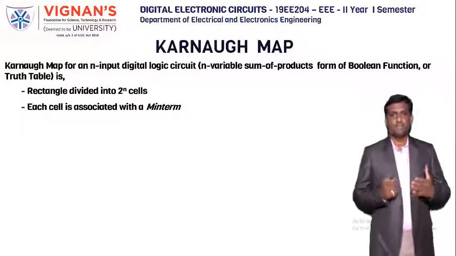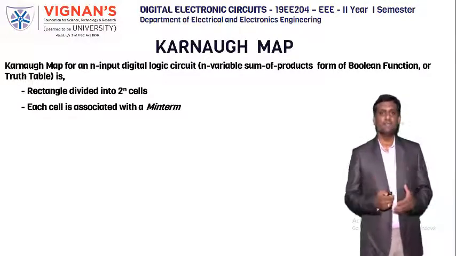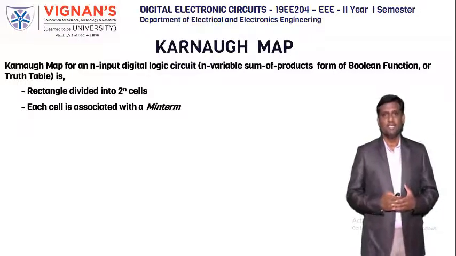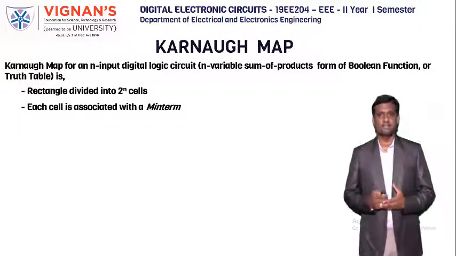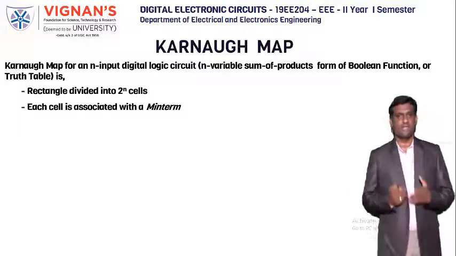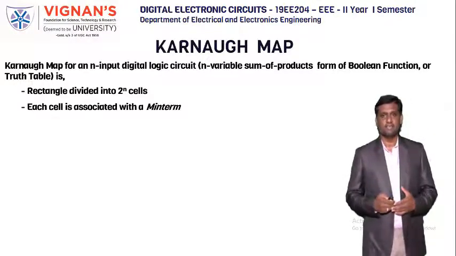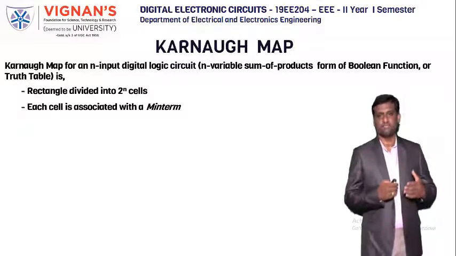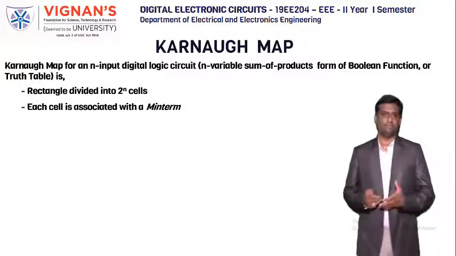If the Boolean function is in SOP form, then the term is called a min term. If the expression is in terms of POS, then the term is called a max term. So the simplification of a Boolean function by using K-maps can be done either with min terms or with max terms.